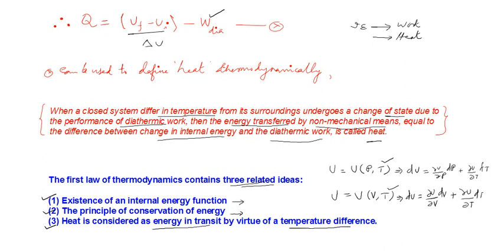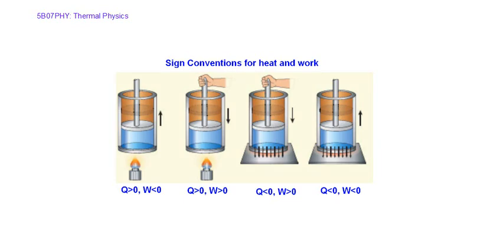Now let me recap the sign conventions used for heat and work. This is our first law of thermodynamics, and we will be using this form. Delta U is equal to, if I am taking a finite thermodynamic process, then the change in internal energy can be caused in two different ways: one is due to heat and the other is due to work.